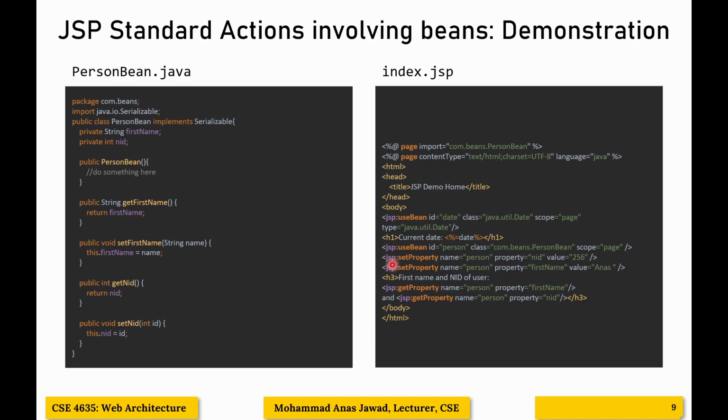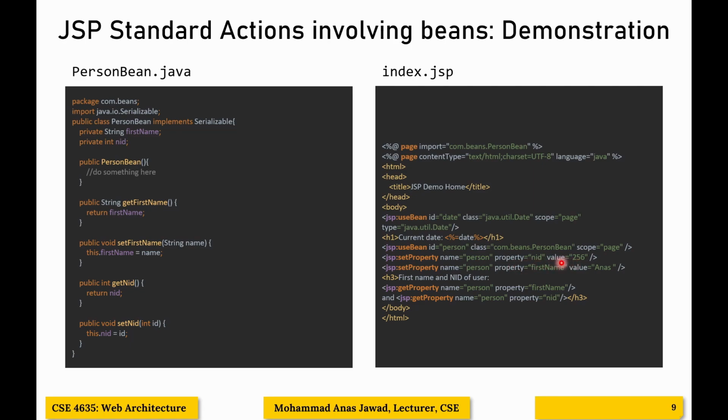Next, we are using the JSP setProperty action tag to set the NID property of this person object, or this PersonBean object. Inside this setProperty action tag, you can see we have defined name equal to person. So it defines that we are using this setProperty on the person object that we have created, and the property we are trying to set is the NID property.